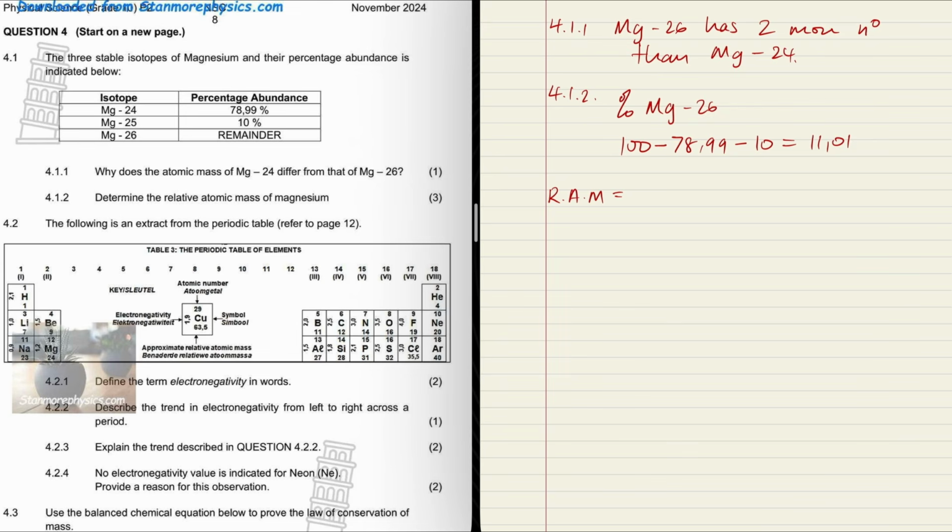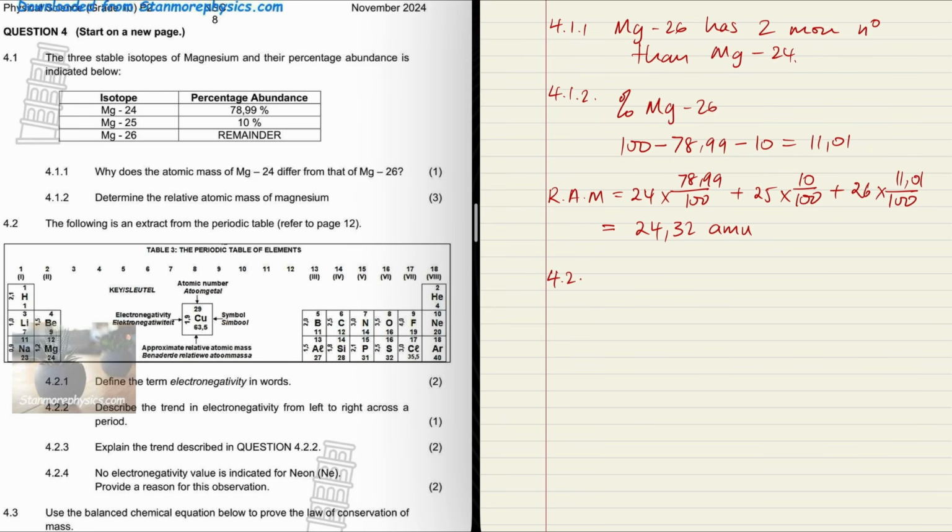So the first mass is 24 and its percentage is 78,99 over 100, plus the next mass is 25 and the percentage is 10 over 100, plus the next mass is 26 and the percentage is 11,01 over 100, and that's equal to 24,32 AMU, or atomic mass units.